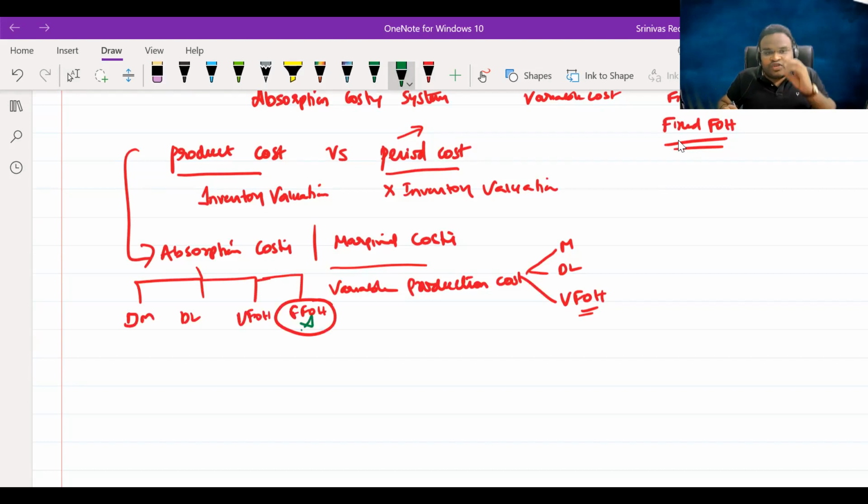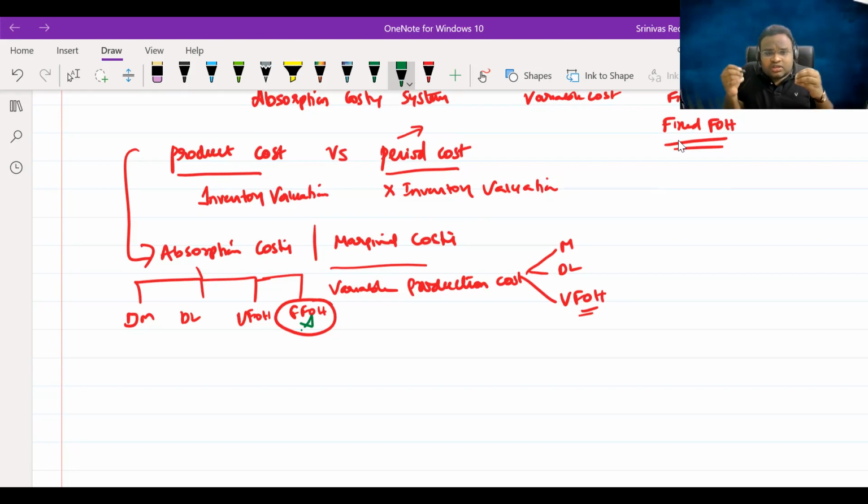That means fixed factory overheads are considered for inventory valuation under which costing system? Absorption costing system. Whereas fixed factory overheads are not considered as product cost under which costing system? Marginal costing system.